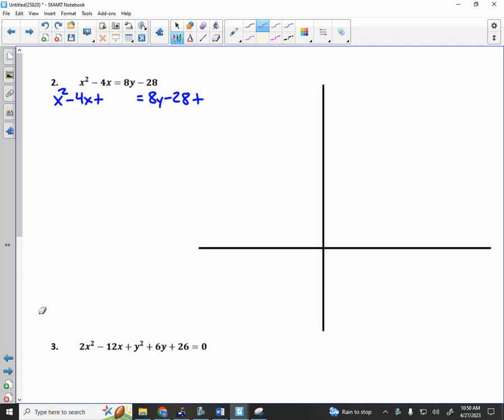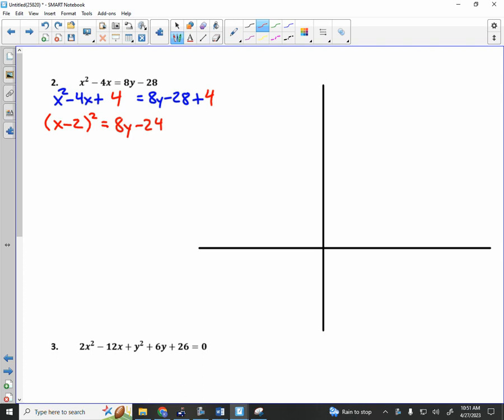What do we add to complete the square? 4. Yep. This is x minus 2 quantity squared is equal to 8y minus 24. It's not a bad idea to take the 8 out.